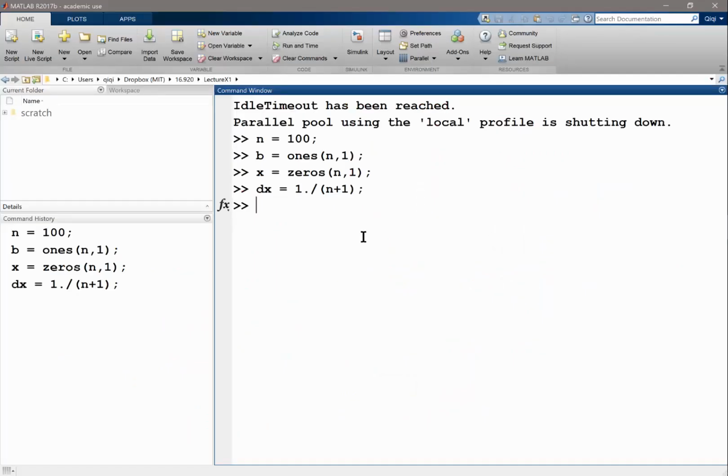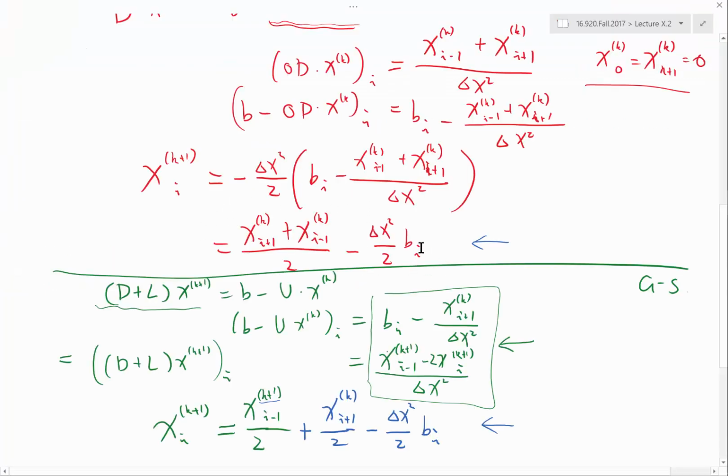To implement Jacobi, I also need a vector to store the previous iteration. If you look at this equation, I only need to have xk and xk plus 1 in memory. I don't need any k minus 1, k minus 2.